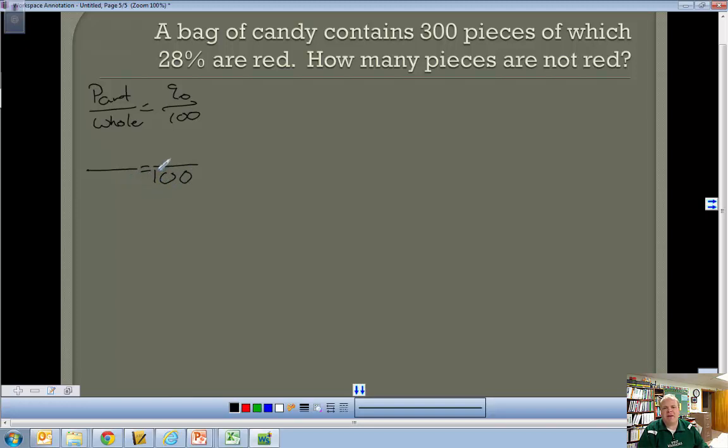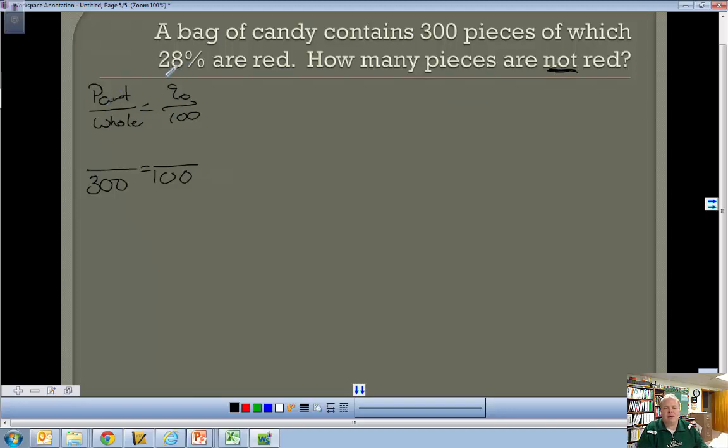Now it says a bag of candy contains 300 pieces of candy. So that's my whole, 300. Now this says 28% are red. However, look at the question. It says how many pieces are not red. Well, in order to do this, I have to find out what percent of the bag is not red.